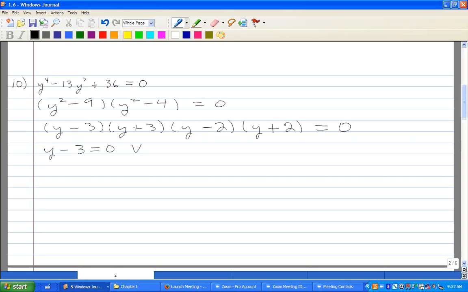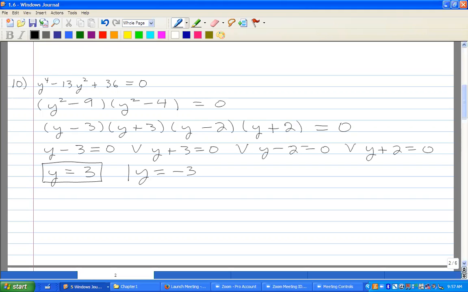So I'll set each factor to 0 and solve for y. Add 3, subtract 3, add 2, subtract 2.